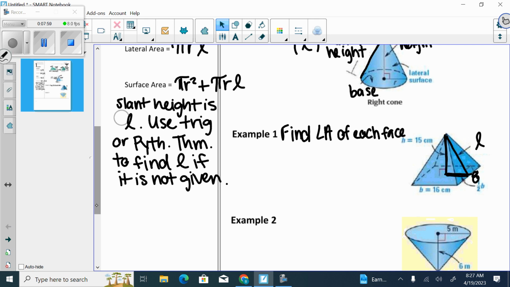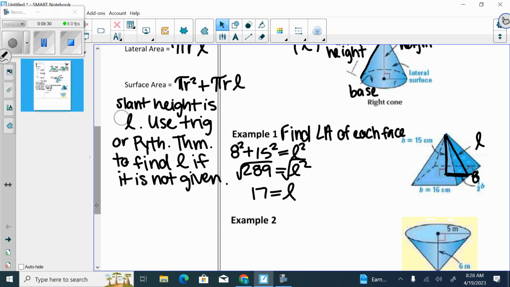So we have 8 squared plus 15 squared equals slant height squared. What should our slant height be? 17, right? Because we get 289 here, and we take the square root. So our slant height is 17.